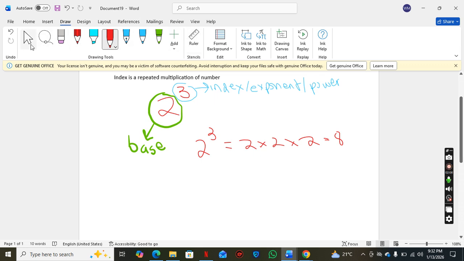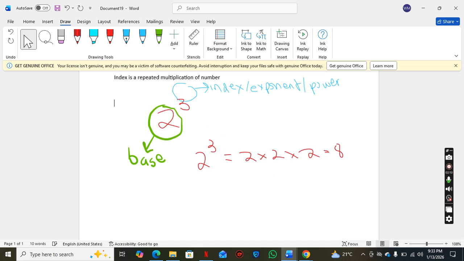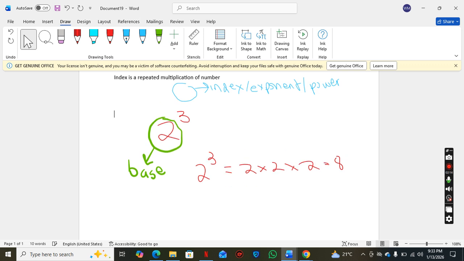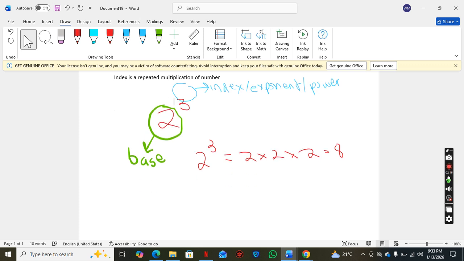So the first law is the multiplication law.